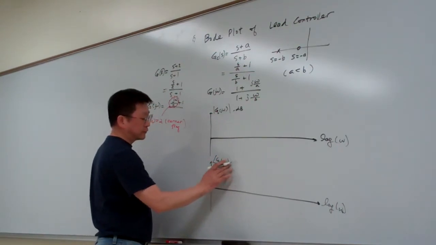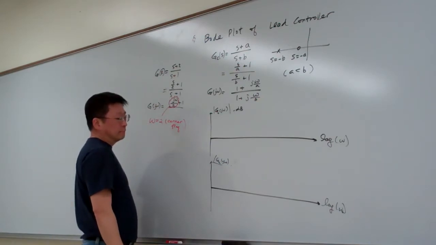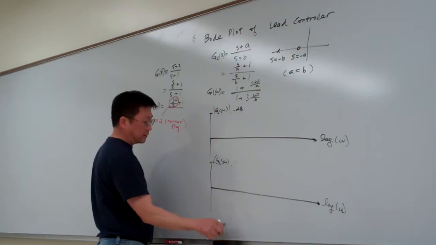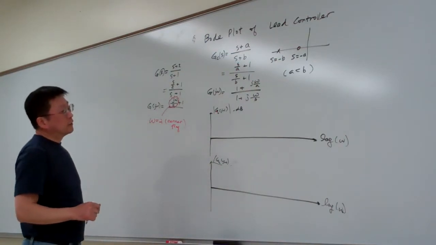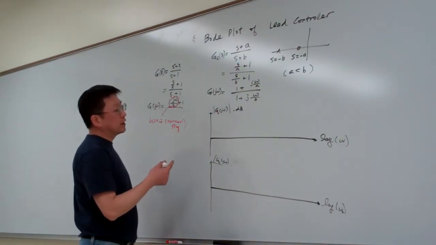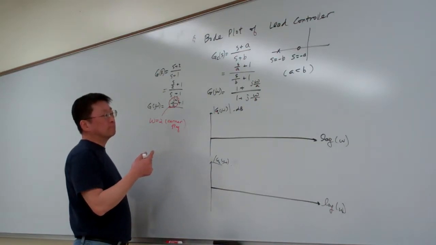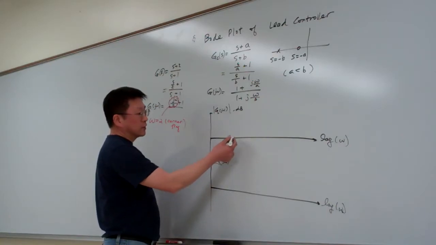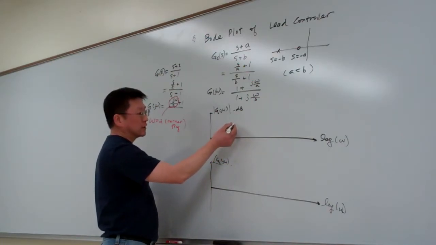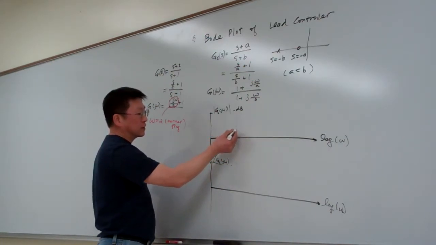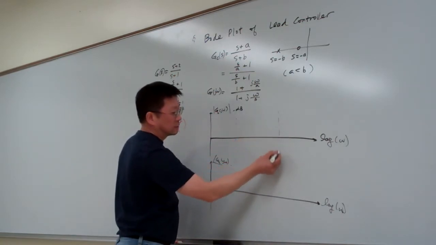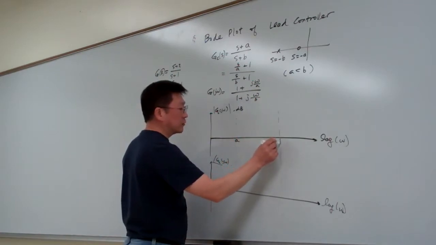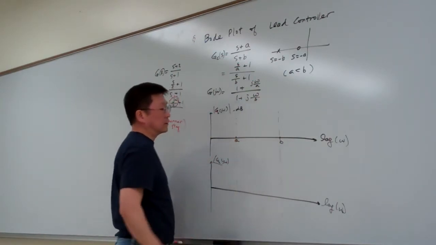Okay. So based upon this, we label A and B. A is smaller than B, so let me just arbitrarily label A and B here. Okay, so omega equal to A and omega equal to B here.